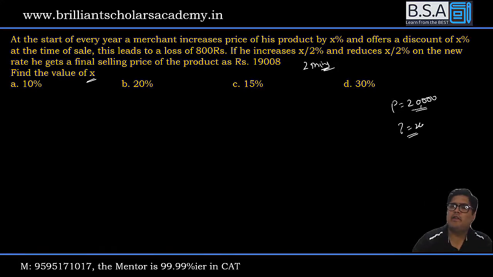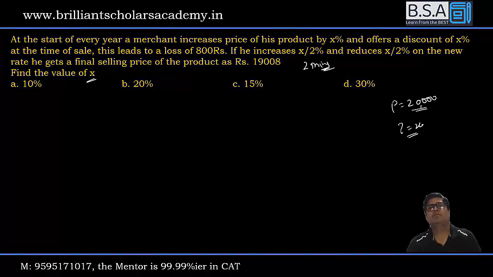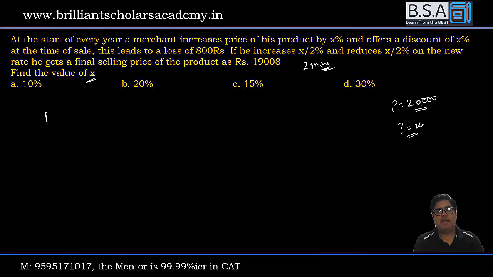The answer is as expected, easy things. You remember P. On price P, X percentage increase and X percentage decrease led to what? An 800 rupees decrease. So you are basically saying P's X square upon 100 percentage is 800. Here is your answer.